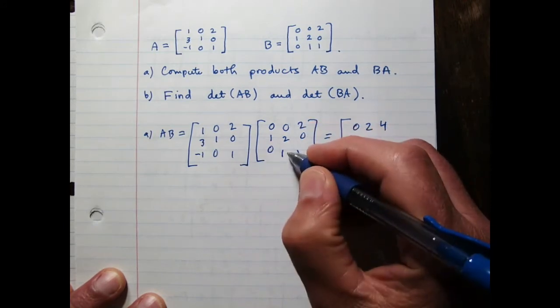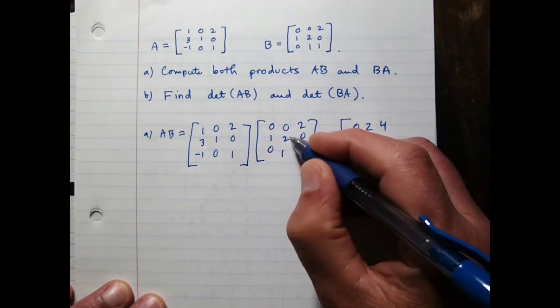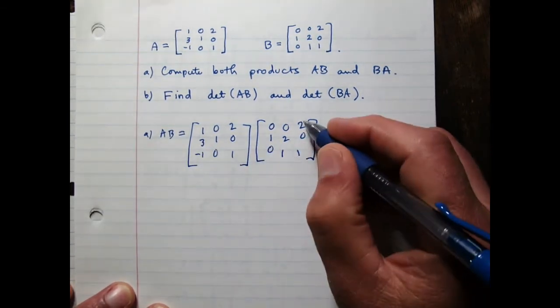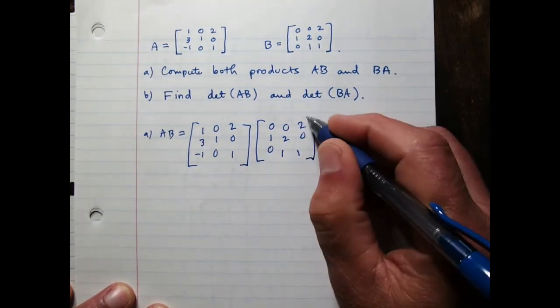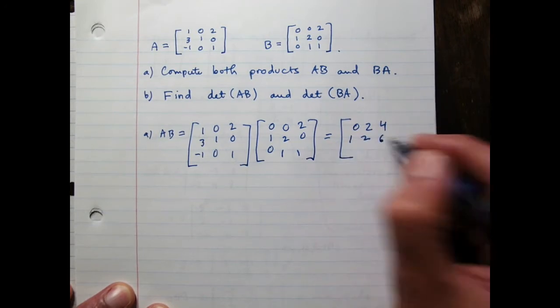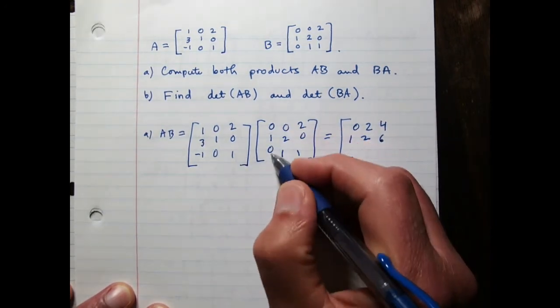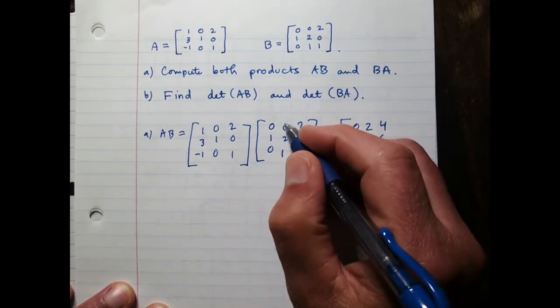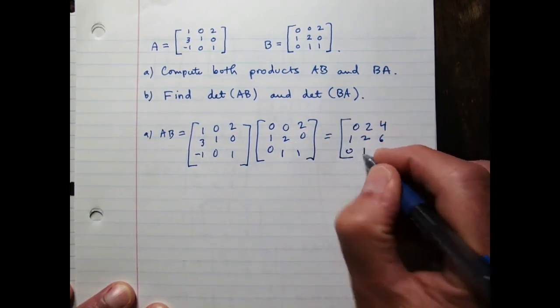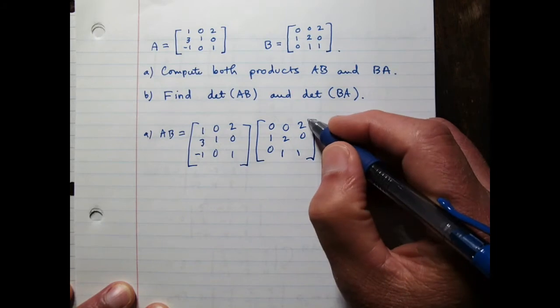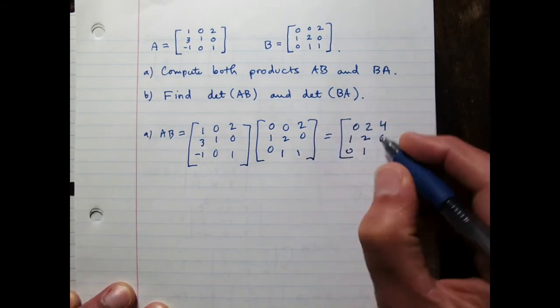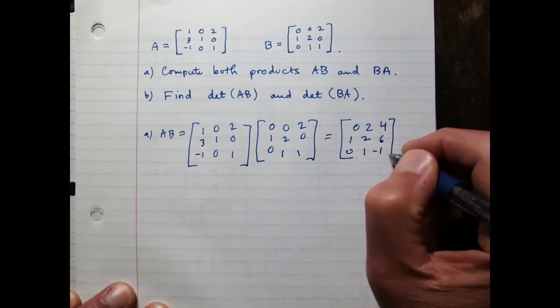Second row, second column, 0 plus 2 plus 0. Second row, third column, 6 plus 0 plus 0. Okay, last row, first column, 0. Last row, second column, I think we get 1. Last row, third column, I get -2 plus 1, I think I get -1.